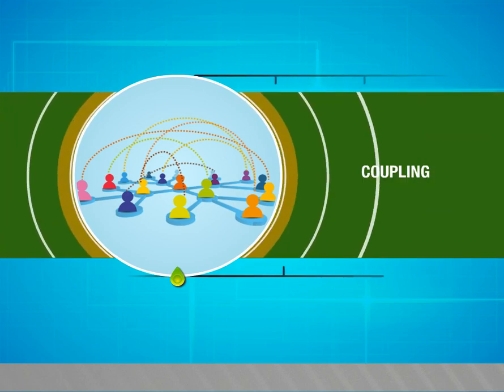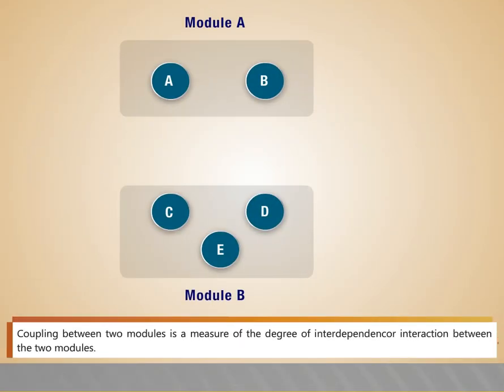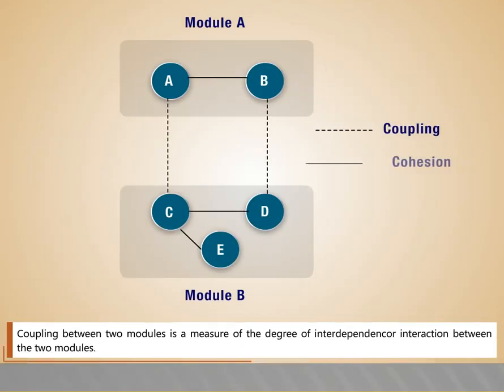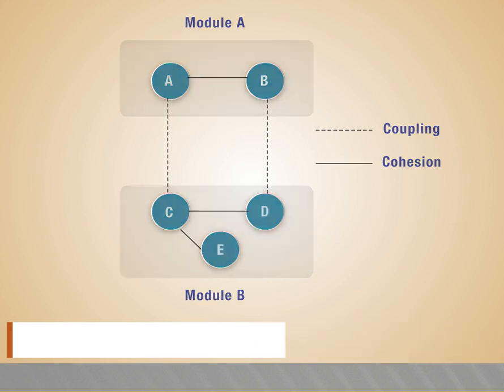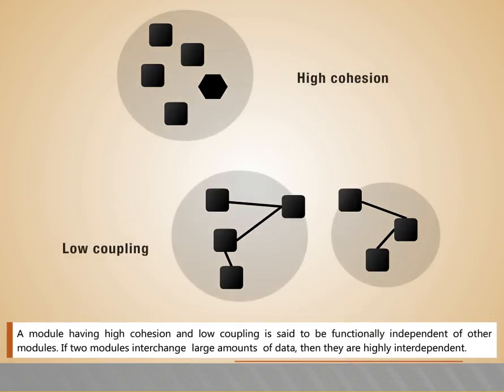Coupling. In this video, we are going to see about coupling. Coupling between two modules is a measure of the degree of interdependence or interaction between the two modules. A module having high cohesion and low coupling is said to be functionally independent of other modules.